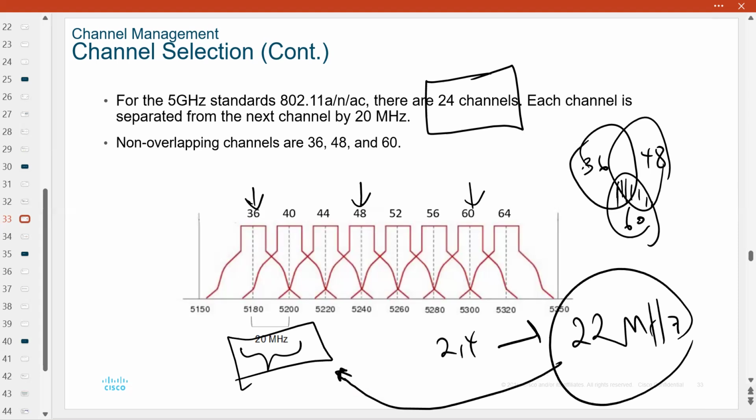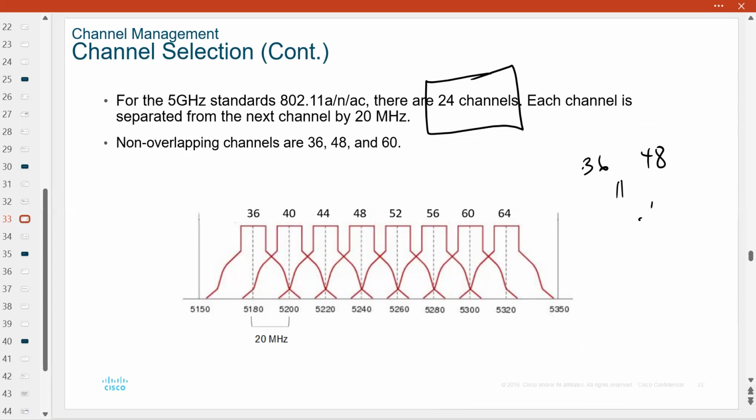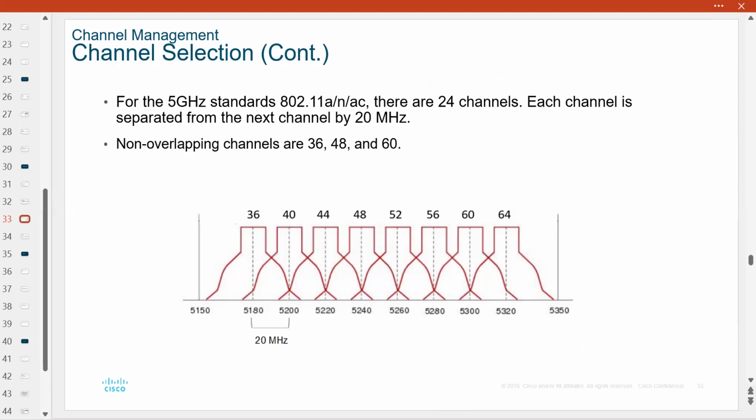Because there is a relationship between the bandwidth being used and the speed of the traffic, that is the data rate. So how does the 5 gigahertz band offer more speed? With the 5 gigahertz band, we have what we call bonding. Instead of using one channel, which has 20 megahertz, you can bond 2 channels and have 40 megahertz.